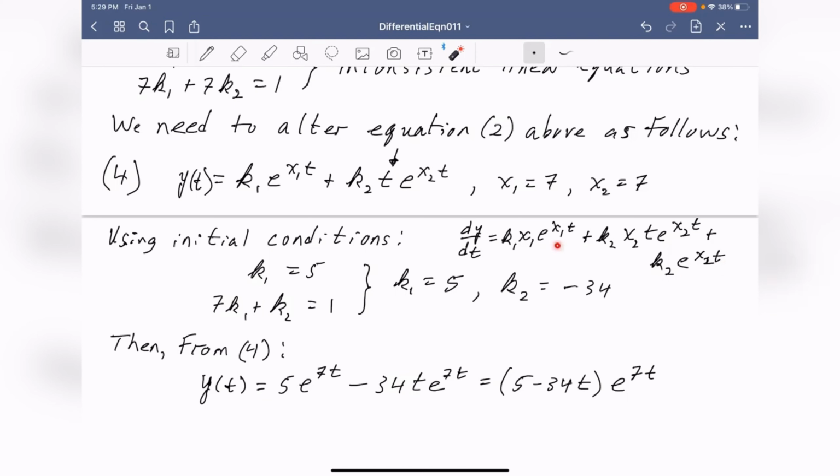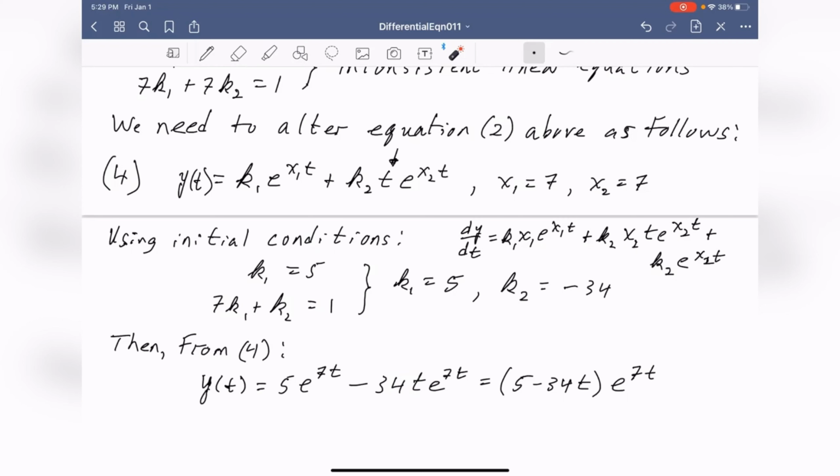Now if we have t equals 0, these terms e to the x1t and e to the x2t are equal to 1. For the first condition, t equals 0, so the second term cancels out, and we get that k1 equals 5.